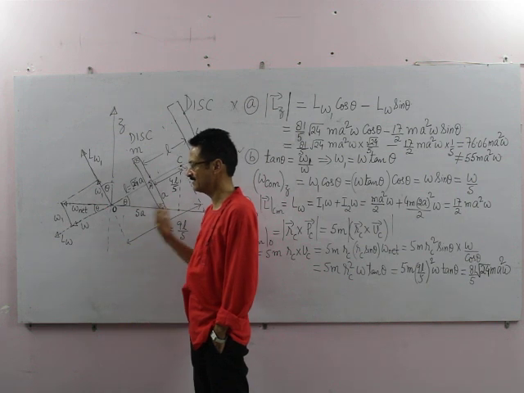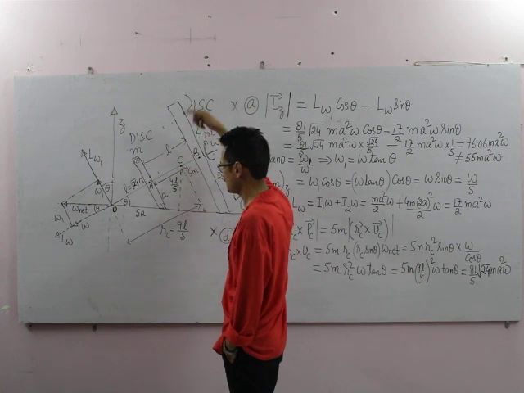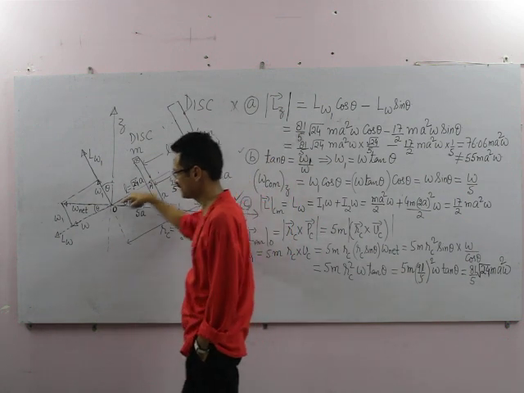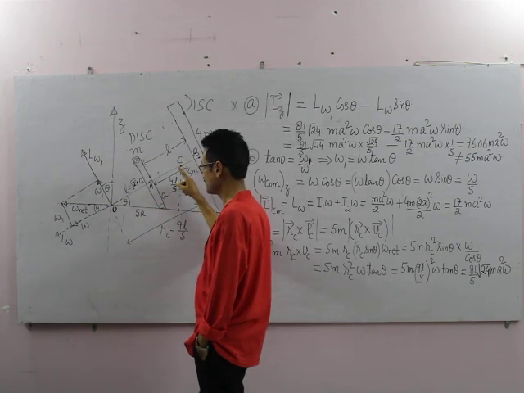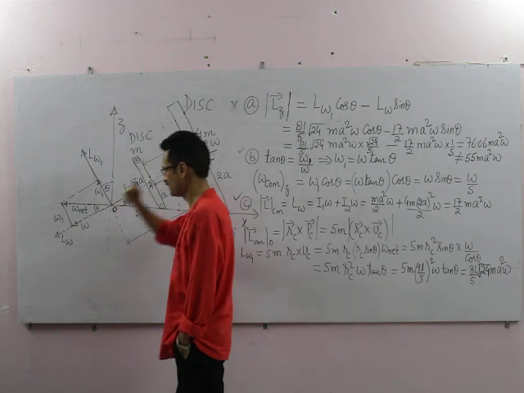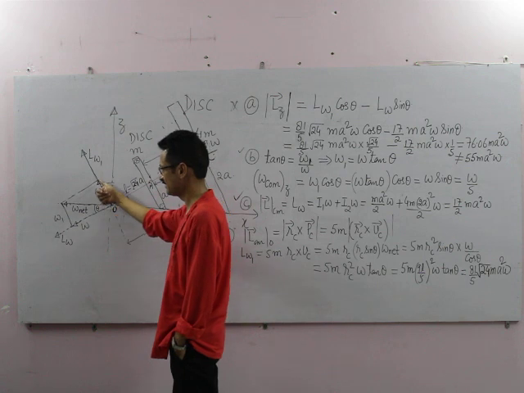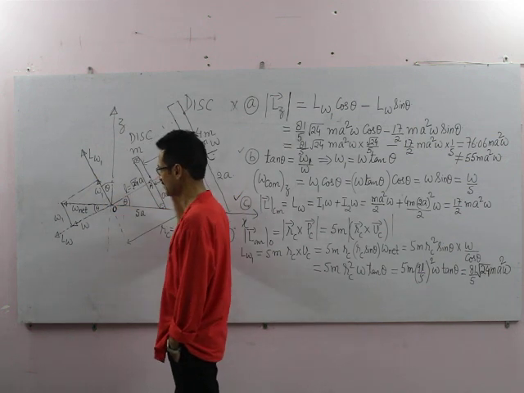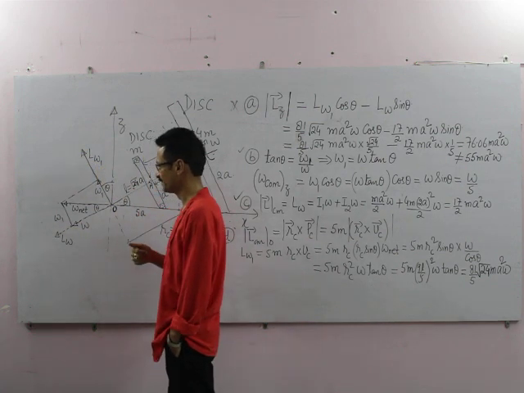Okay. Now let us also imagine that due to the rotation of the assembly about this axis, the angular momentum is L omega, which I have written here, and due to the rotation of the center of mass about this point O, the angular velocity omega 1 is in this direction, and the associated angular momentum is L omega 1.